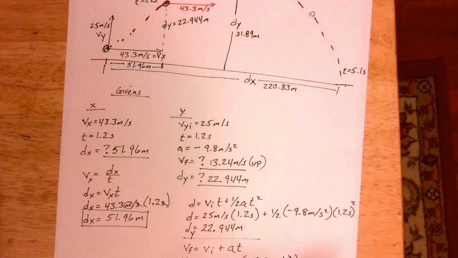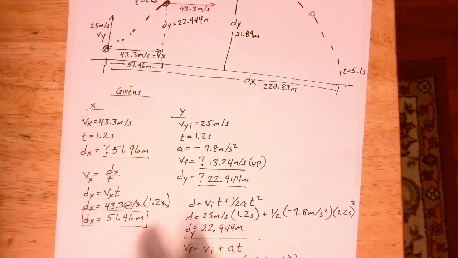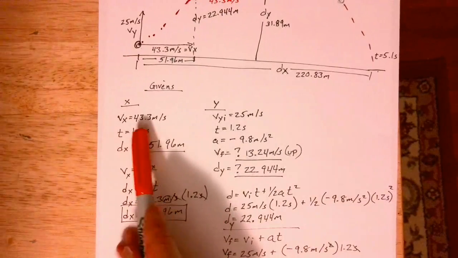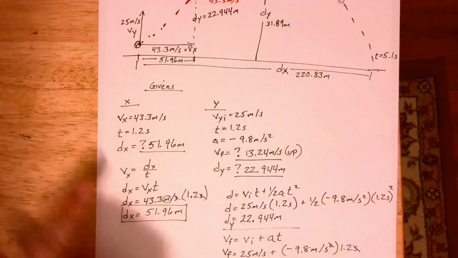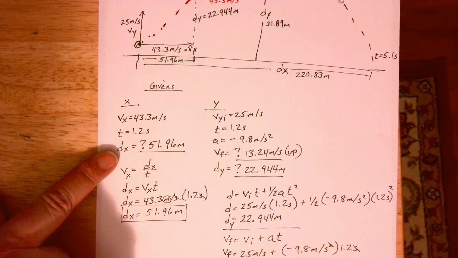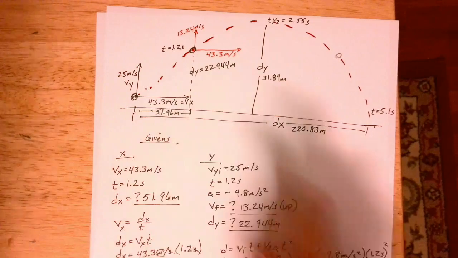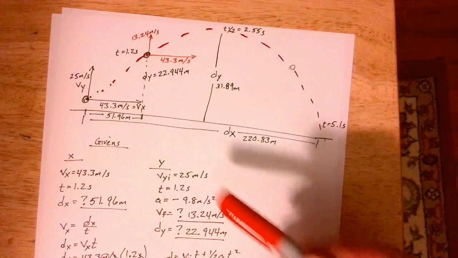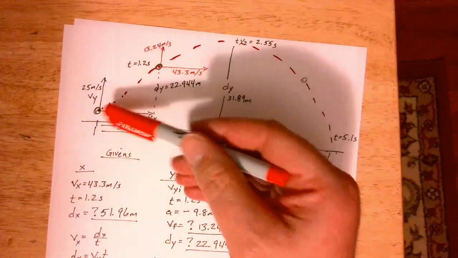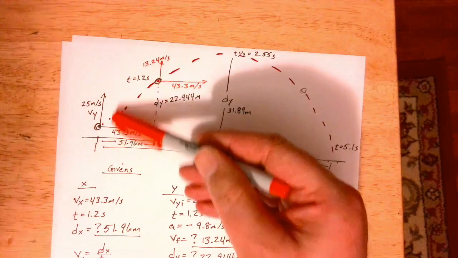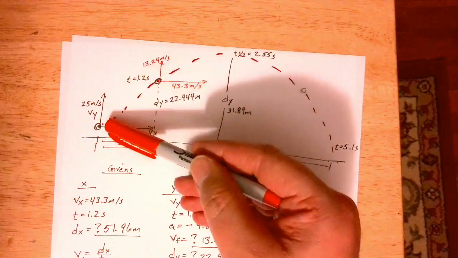Let me quickly recap. We were able to use the velocity and the time to solve for the horizontal range, so we got 51.96. Then, using the fact that it's going up at 25 meters per second, it's a projectile going up and eventually it's going to start coming back down.